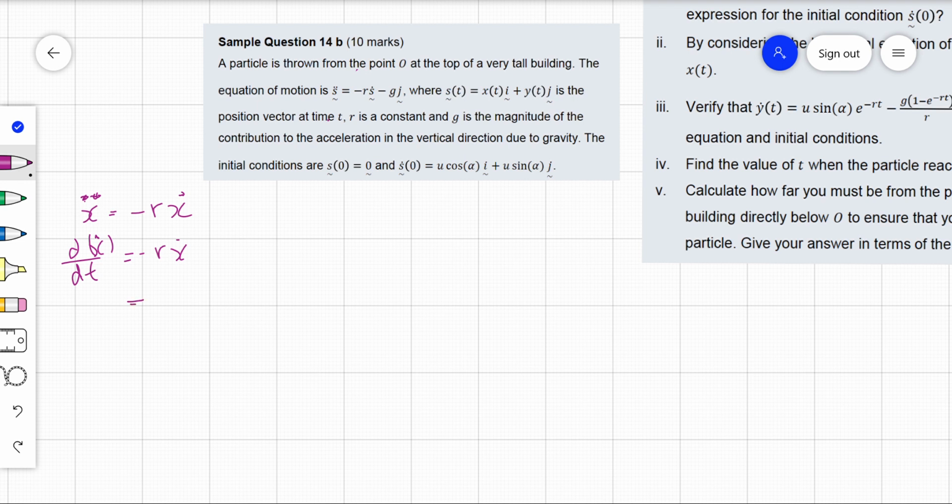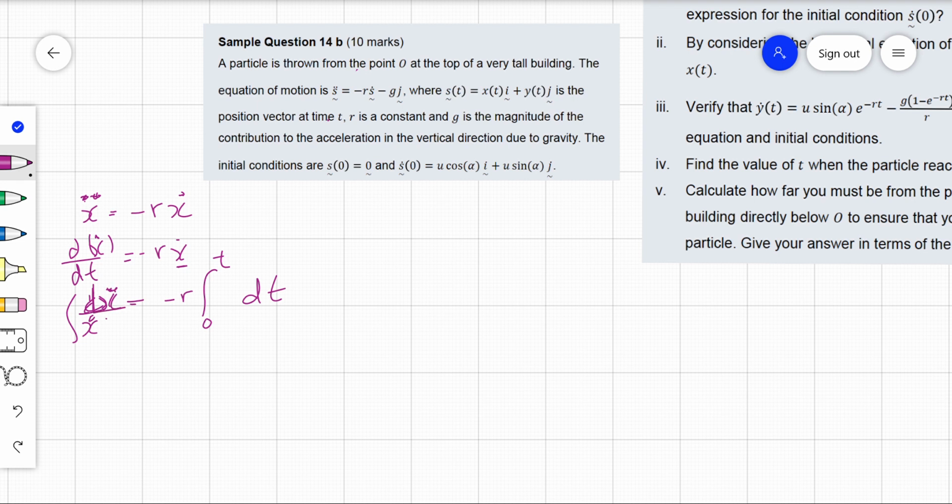So if we keep this minus r and dt, and we put this x dot on the other side, so we've got 1 on x dot dx dot. I'm going for t between 0 and some time t. So this is with respect to x dot that we're doing 1 on x dot.